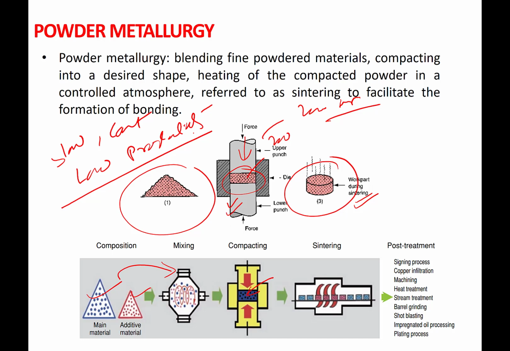But still, if you want to make products of materials which are difficult to process using other routes, we use powder metallurgy. Powder metallurgy is slow, but if you want to make products of very refractory ceramic kind of materials for very harsh and severe conditions, then certainly powder metallurgy can be used.